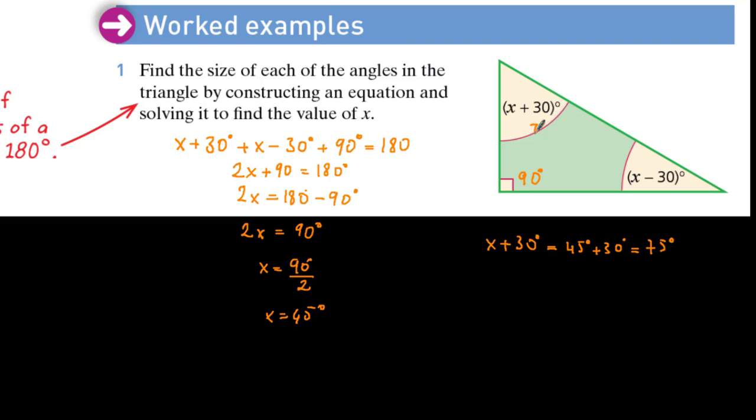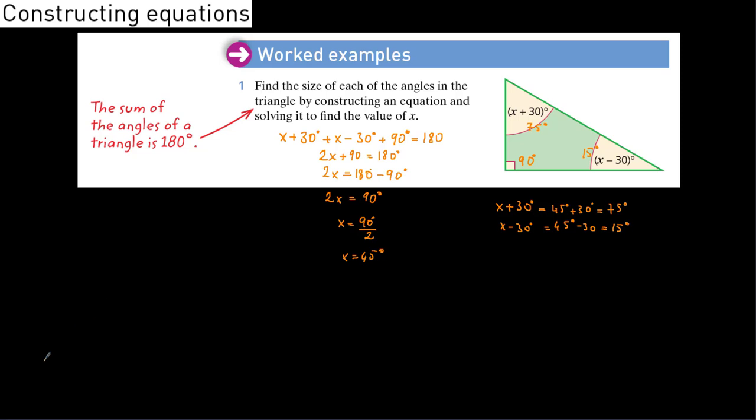So this angle is 75 degrees, and x minus 30 is equal to 45 minus 30, which is equal to 15 degrees. So this angle is 15. As you see here, the important part is to construct the equation from the given information, or we need to know something before, and then add this information.